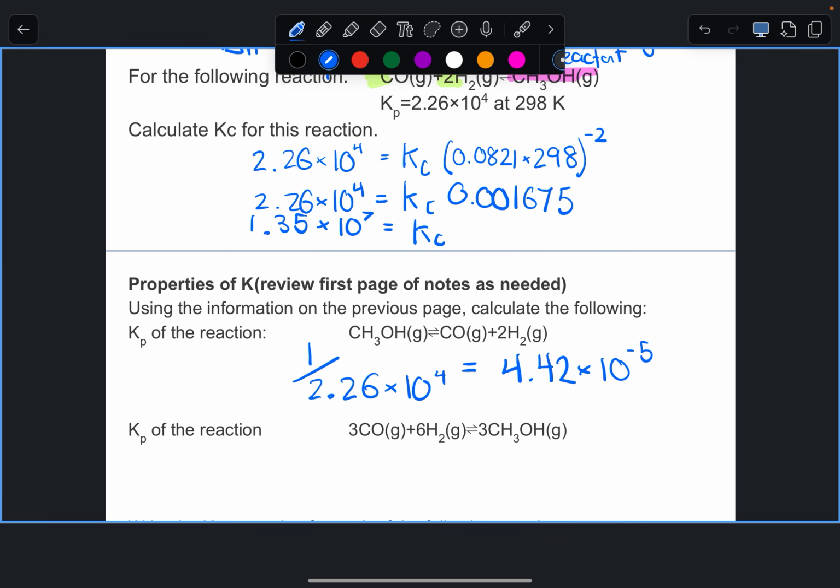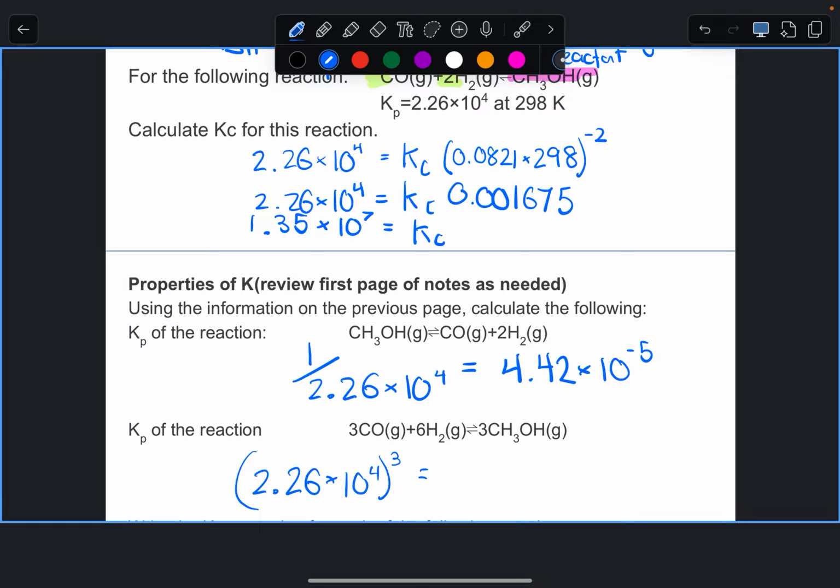And then on the last one, you're multiplying the original reaction by 3. So that means I need to take the K and raise it to the 3rd power. Because I had CO and now I have 3 CO. I had 2 H2 and now I have 6. I had 1 of the product and now I have 3.